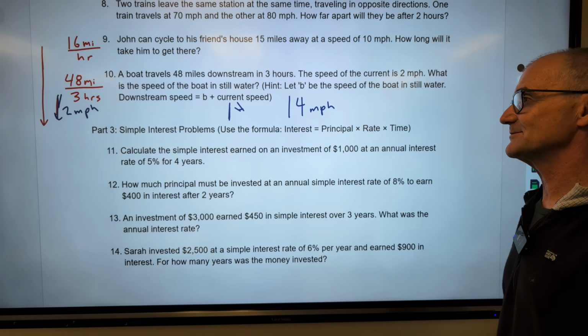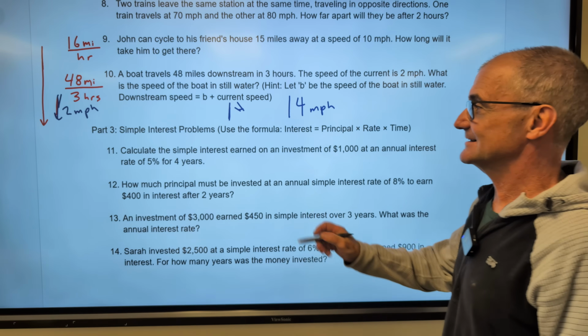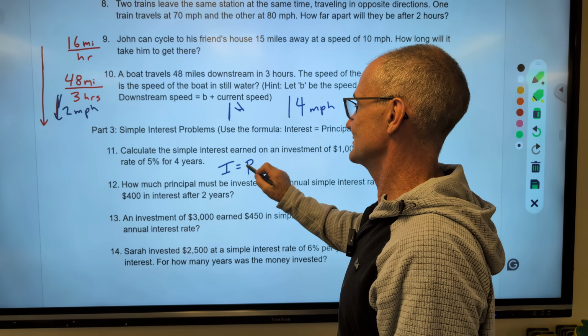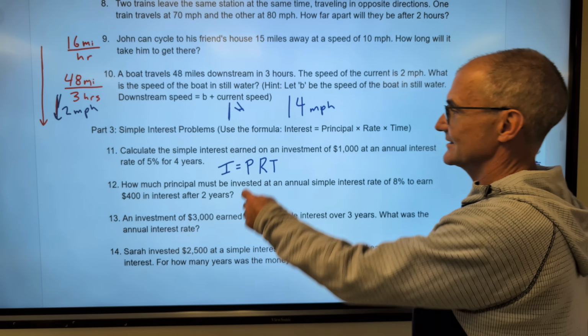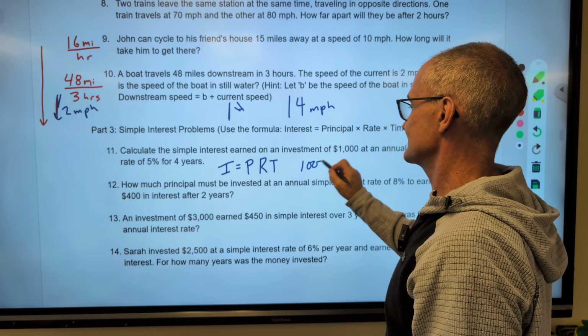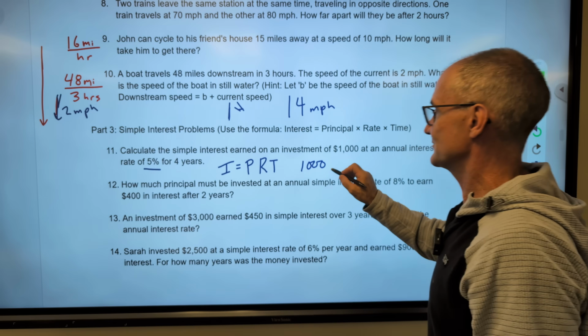Okay, a couple interest problems here, and that's going to kind of wrap it up. Calculate the interest. So interest is equal to principal times rate times time. Calculate the interest earned on an investment of $1,000 at an interest rate of 5%.